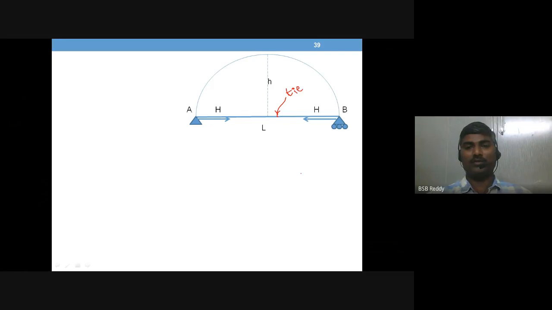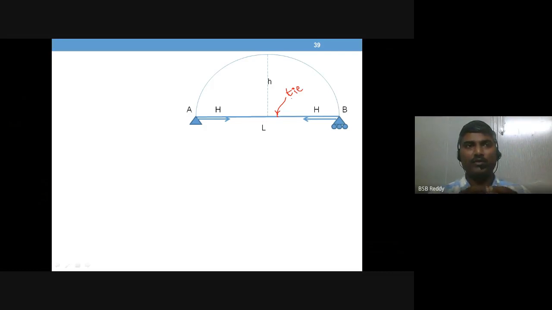A tie is a tension member, and a strut is a compression member. So a tie is purely a tension member, meaning in a tie we will have only tensile force.